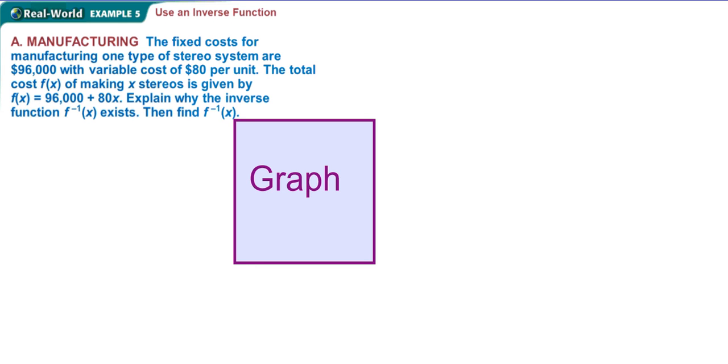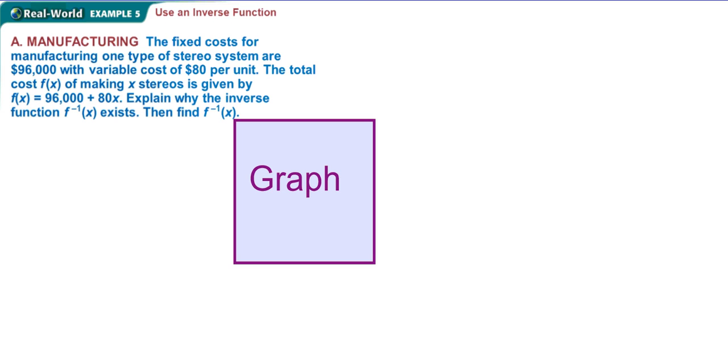No, because it doesn't pass the horizontal line test. When we get to 3, every value is the same. And same with the other way. If x equals 2, is that a function to begin with? No, it's a vertical line, not a function, but then its inverse would be a function. So anything else that has a slope that's not 0 or undefined will be a linear function, and it'll have an inverse function.